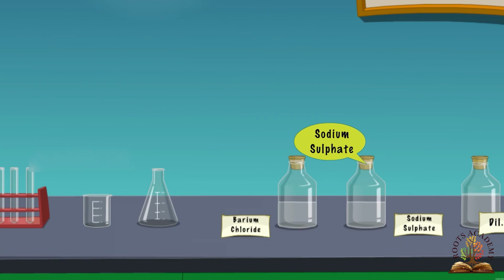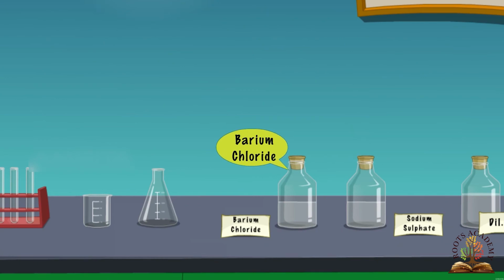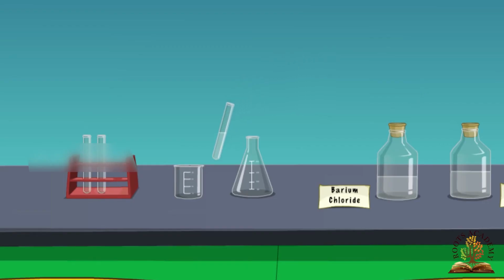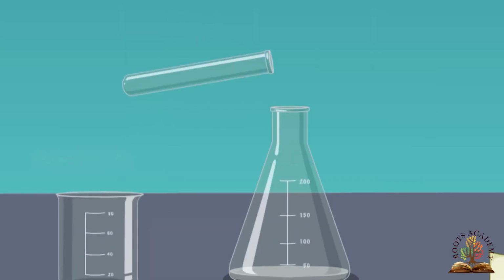We will require sodium sulfate, barium chloride, dilute HCl, a beaker, conical flask, and test tubes. Take a small quantity of barium chloride in a test tube and transfer it into a conical flask.